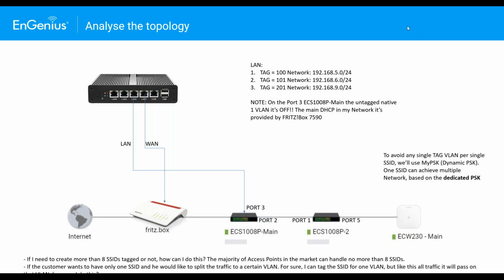Question to you guys. In this case, I have DHCP coming from the firewall and also from the Fritzbox. Is this something that I can have, or is there some error?